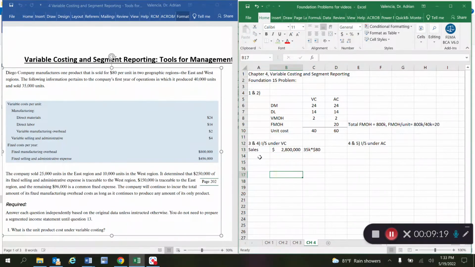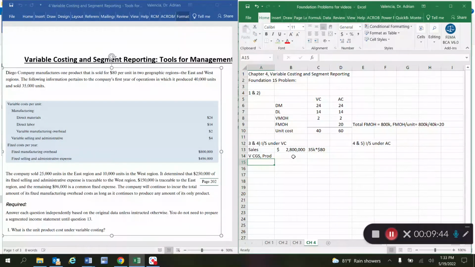Okay, good. So the next thing that we're going to subtract is our variable product cost. You could call it several things. You could call it variable cost of goods sold, or a variable product cost, however you want to call it. It's still the items related to production, okay?